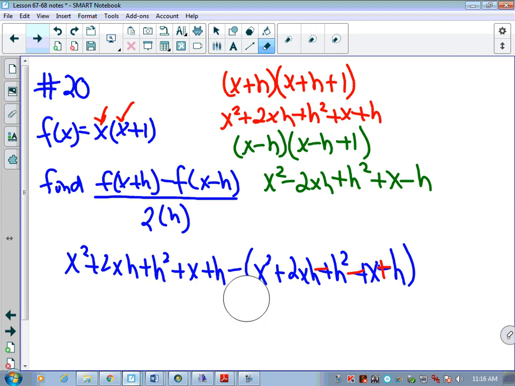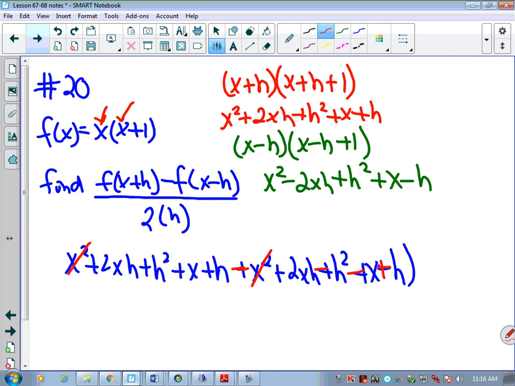Oh, no, my x should be negative. So my x squareds will cancel out.